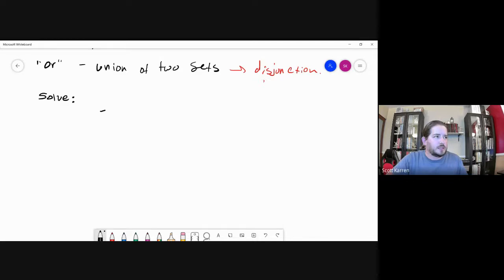Negative 3 is less than 2x plus 5, and 2x plus 5 is less than or equal to 7. Right? So we can solve each of these individually.